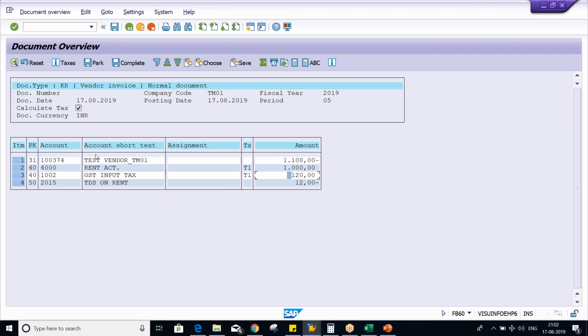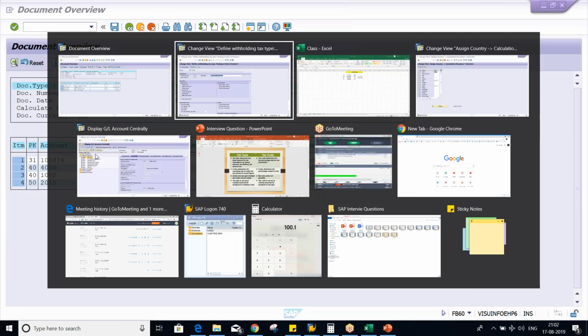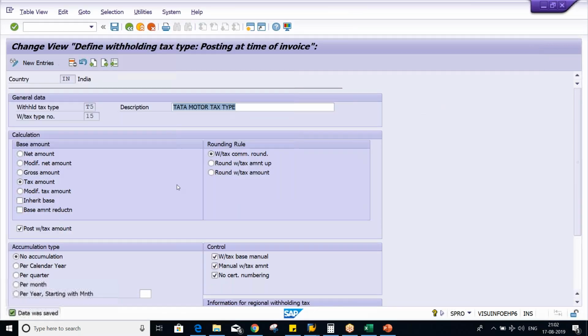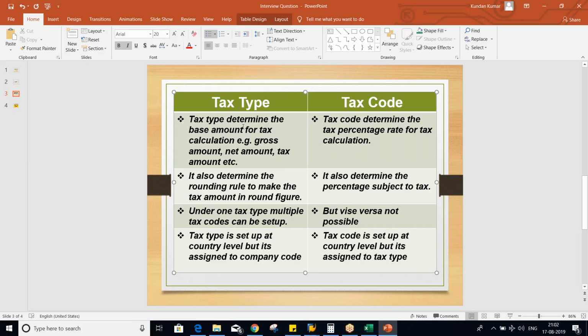So now here, what is happening? What I have said here in the PPT, I said the tax type determines the base amount for tax calculation. That is, the base amount could be anything, guys, either gross amount, net amount, tax amount, etc. Whereas the tax code determines the tax percentage rate for the tax calculation.